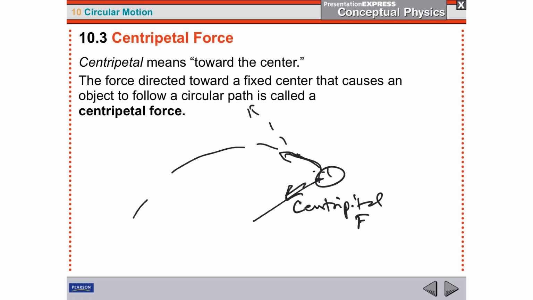It's the force towards the center that's making the object, instead of going in a straight line the way it wants to go, remember Newton's first law, it wants to go in a straight line unimpeded, except when acted upon by another force. Here's the other force. A centripetal force forces the ball out of the straight line path and into a circular path.